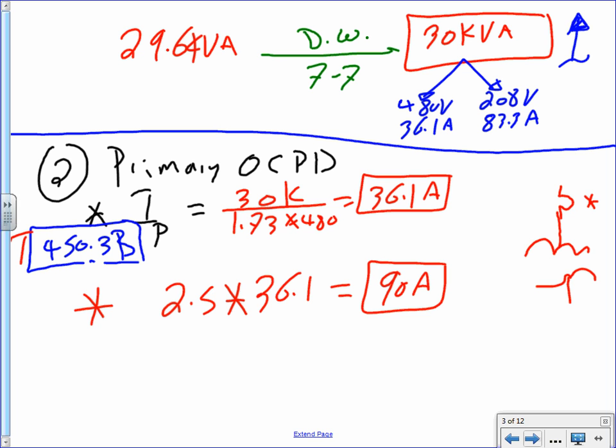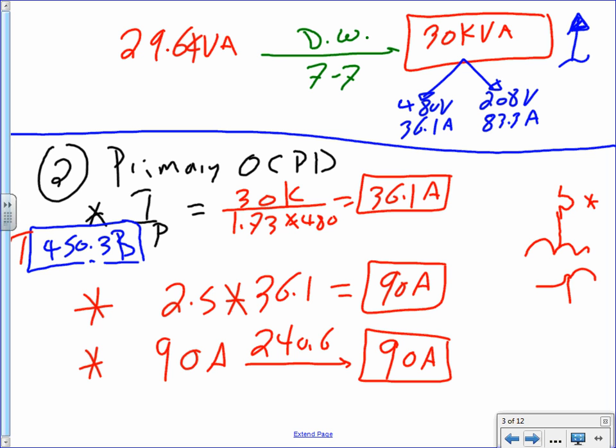And 90 amps, I have no idea if 90 amps is a standard fuse or circuit breaker. You take it to 240.6, and 90 amps is a standard, right? If it's not a standard, do we go up or down? We go down. Why do you go down?